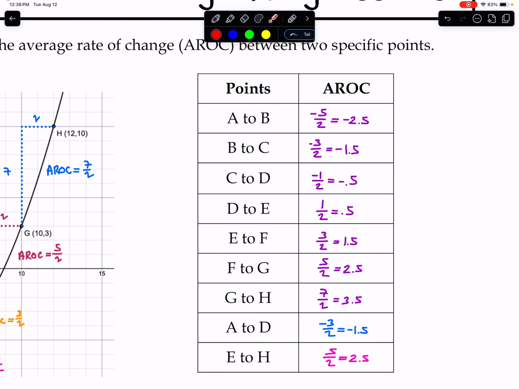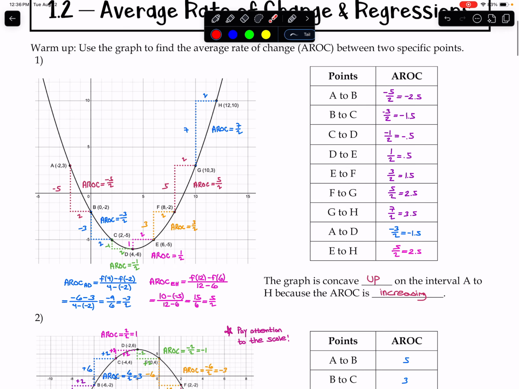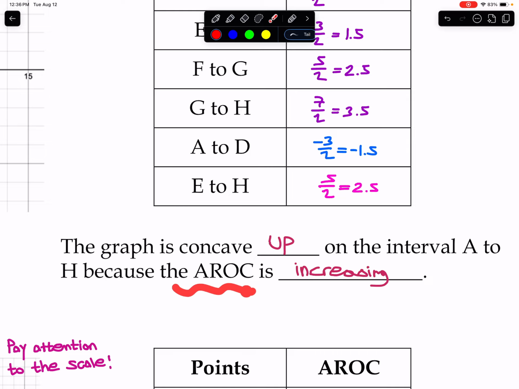But notice how the values in purple are getting bigger and bigger as we go along, which is what is showing for the slope. If I were to find the slope at these specific points, the slope is getting bigger and bigger as we move along. When the slope is getting bigger and bigger, that tells you the average rate of change is increasing. Because the average rate of change is increasing, that tells us your graph is going to be concave up.